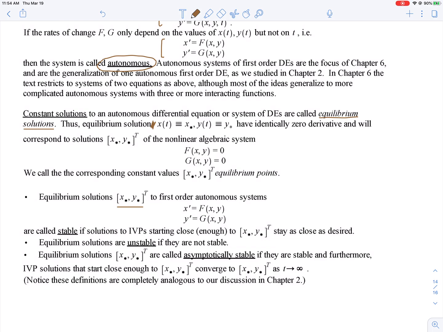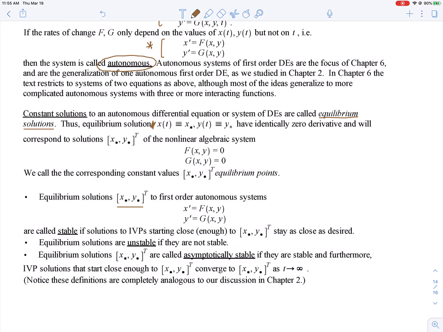And since constant solutions have zero derivatives, if those are solutions, then they have to make the first order system an identity. So the left-hand side will just be zeros, so the right-hand side will have to be zeros.